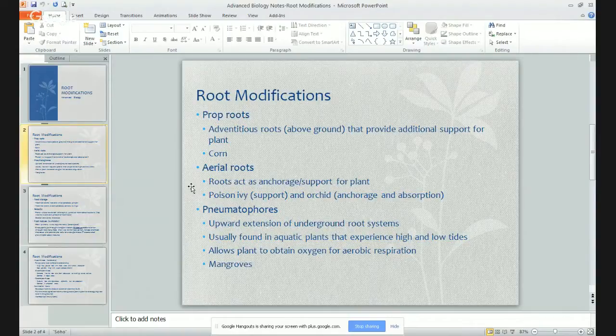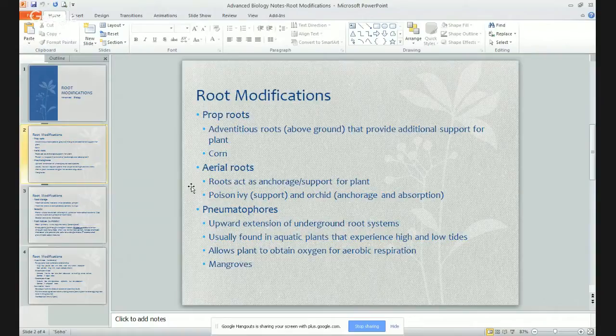They're going to be found in aquatic plants that experience high and low tides. On my drawing here, it's showing the main trunk of the plant with some roots, but then you've got the nematophores coming out of it, those extensions.